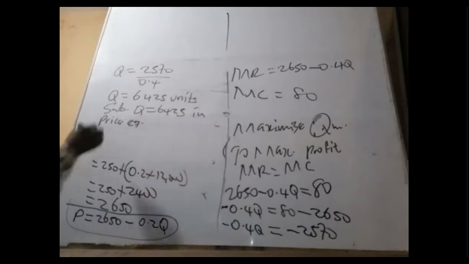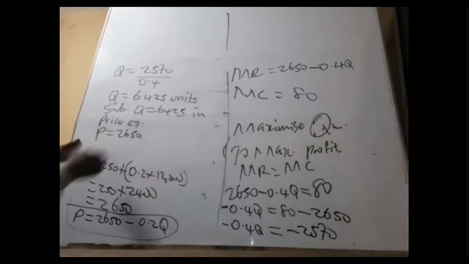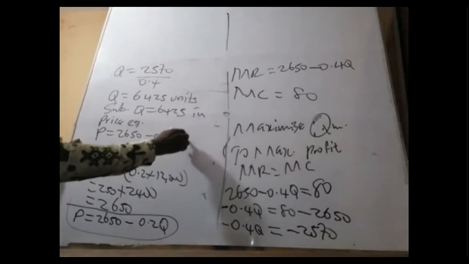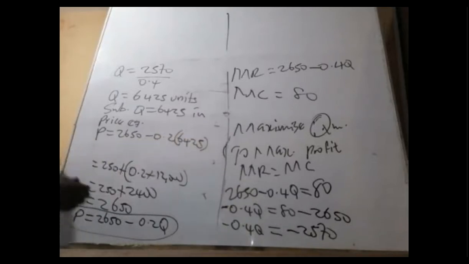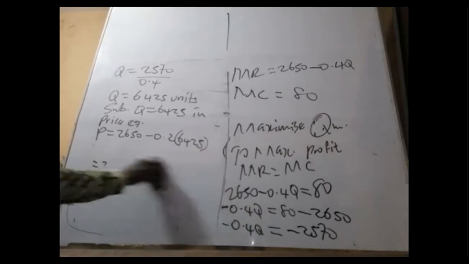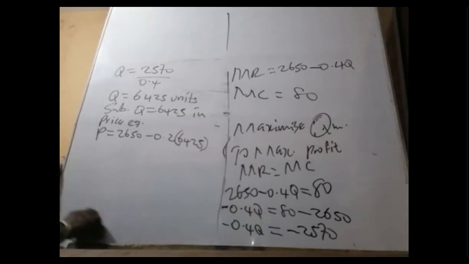We have the price is equal to 2650 minus 0.2 into bracket 6425. So what would be the price?